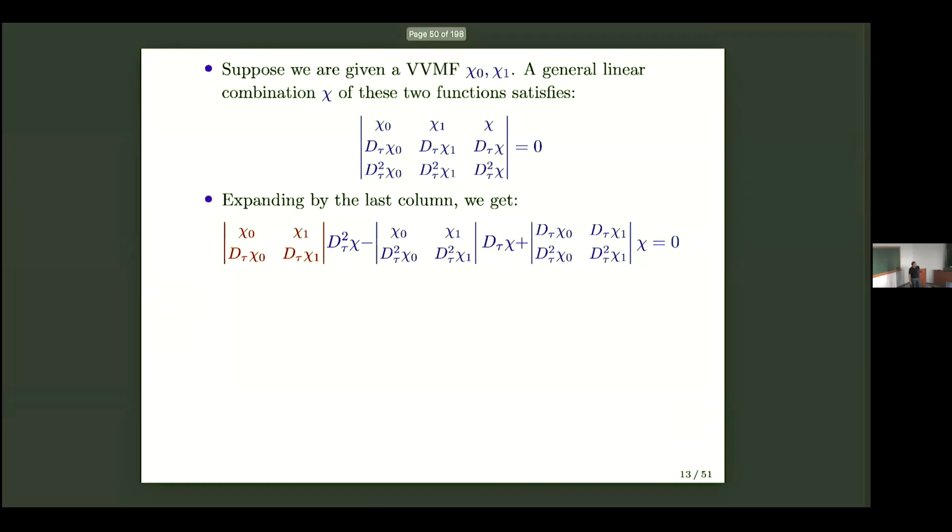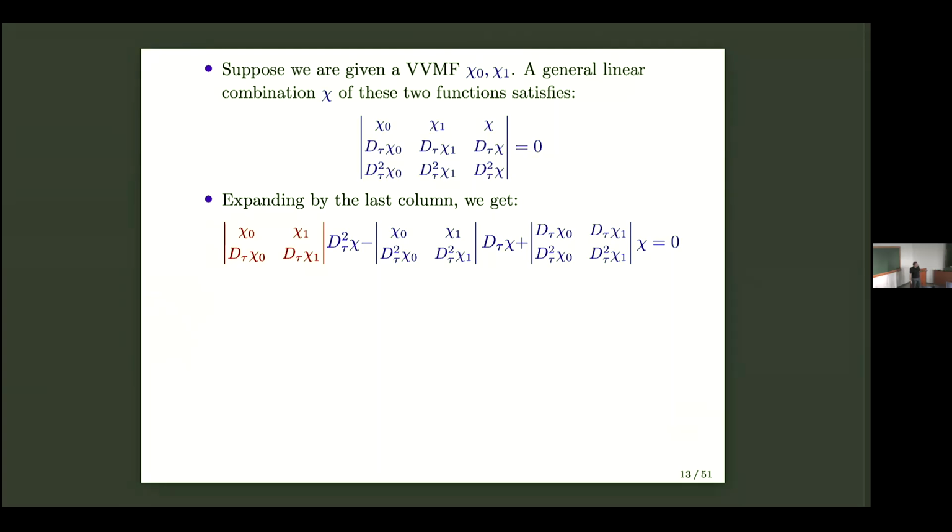Now I expand this determinant by the last column, and I get this equation where some determinant involving the known quantities, remember I'm given chi0 and chi1, appears in each of the terms, and the unknown quantity chi satisfies a differential equation of the form I wrote earlier with these coefficient functions.